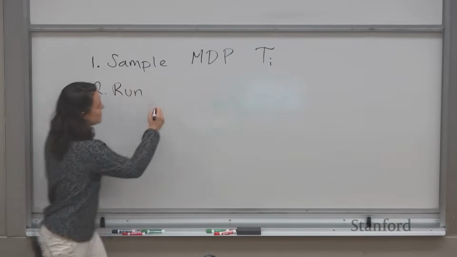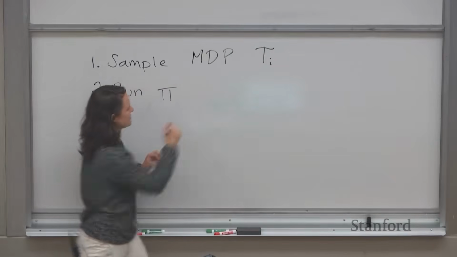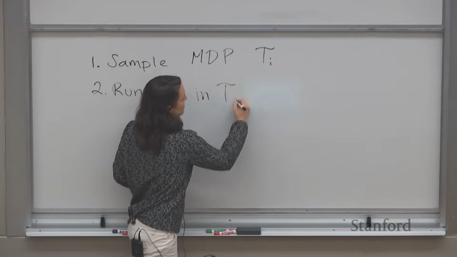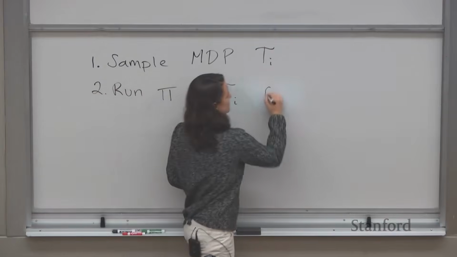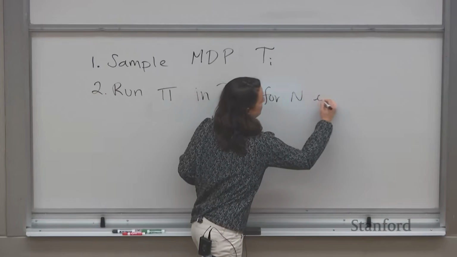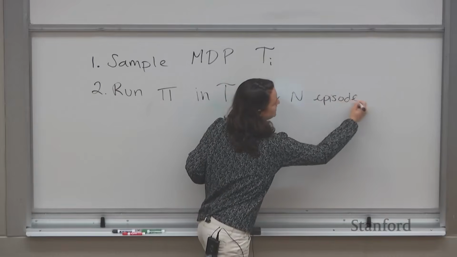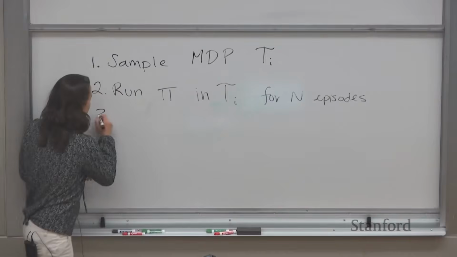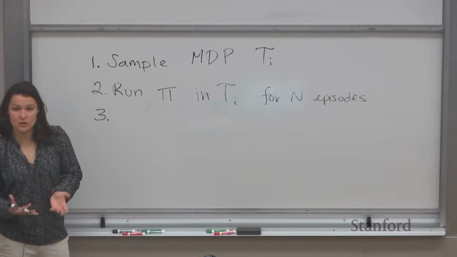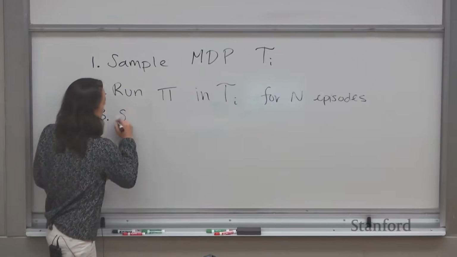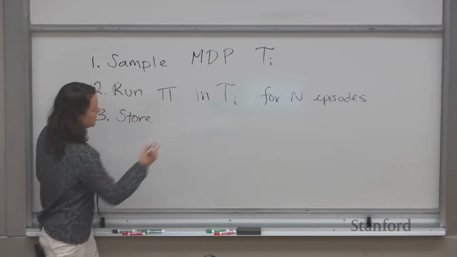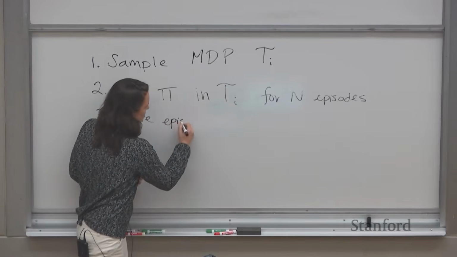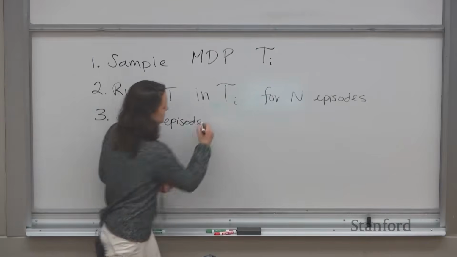So let's say run pi in our task, our MDP, for n episodes. This is rolling out this right here, and it's going to have memory across those n episodes. Then optionally, if we're using an off-policy algorithm with a replay buffer, we would store the episodes in a replay buffer.